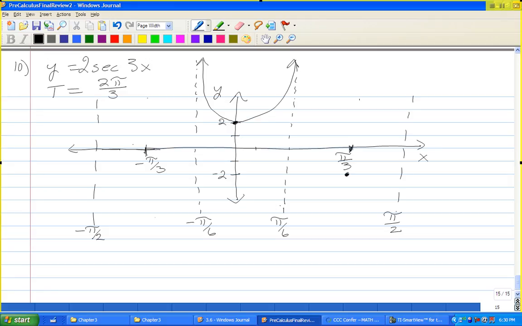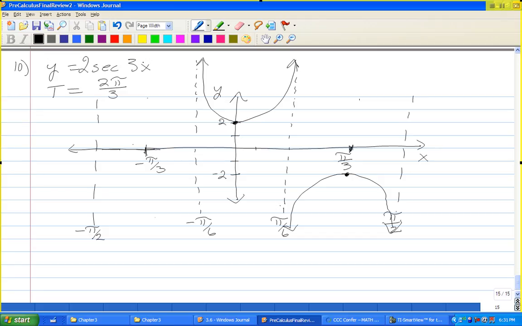And again, 3 times pi over 6, secant of that is going to be infinity. And pi over 2, 3 times pi over 2 is 3 pi over 2. Cosine of 3 pi over 2 is again 0, so secant is infinity. So it looks like this. Negative pi over 3. 3 times negative pi over 3 is negative pi.